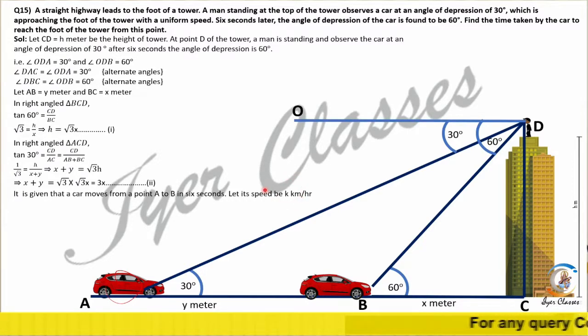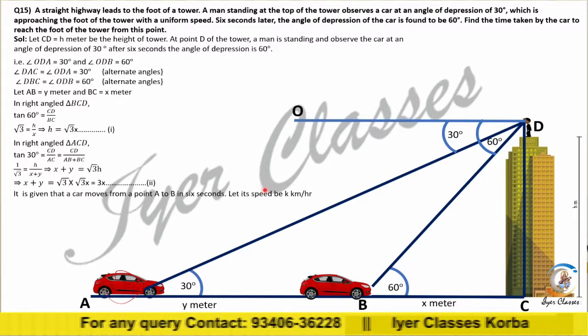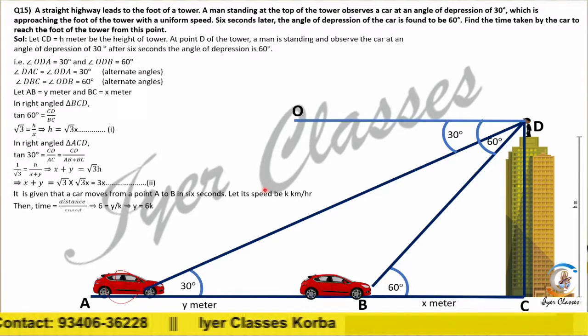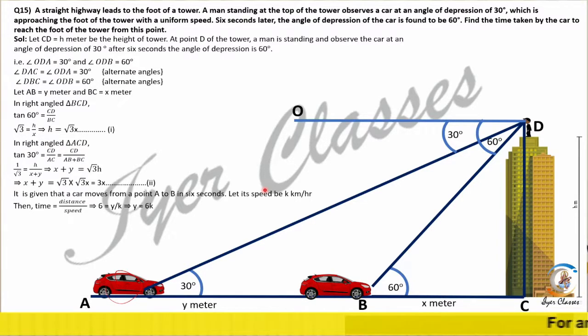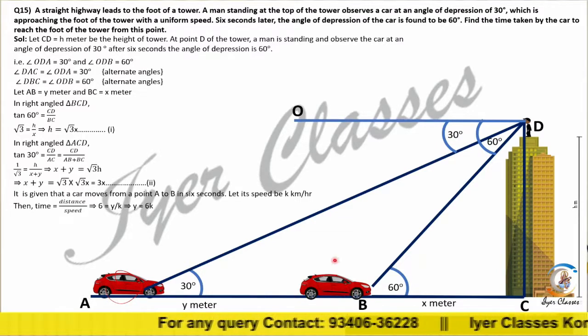No issues. We don't know, but we can take it to be uniform, equal to k kilometers per hour, right? Okay, now we know that time is equal to distance by speed, right? So time is 6 seconds, we already know, and the distance it is going to travel from A to B is equal to y.